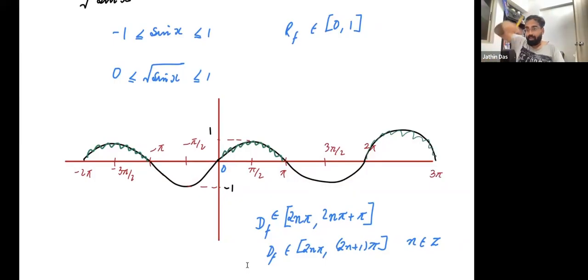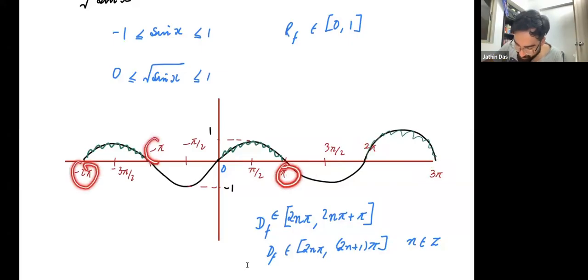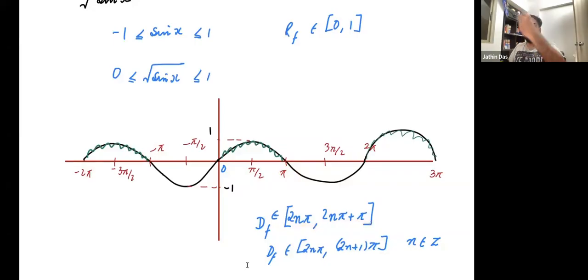If I add 2 pi here, don't you think I'm getting these two values? If I subtract 2 pi, am I getting these values? Basically, it is 2n pi, where n is any integer. So if you put 0, you will get this region. 1, you will get this region. -1, you will get this region. And so on. Clear?